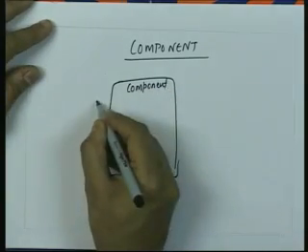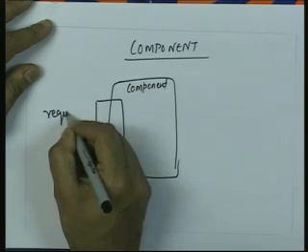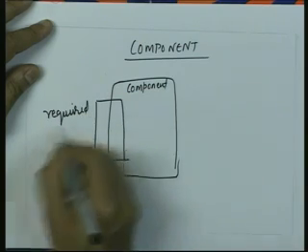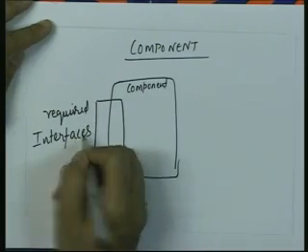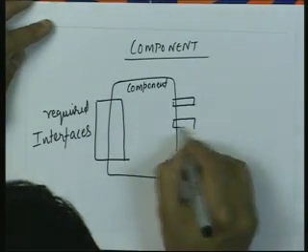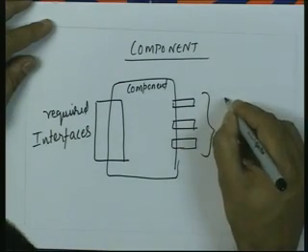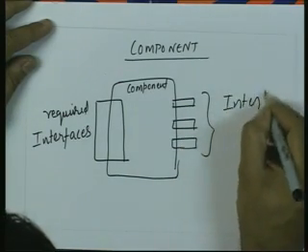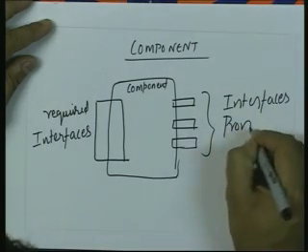It has two sets of interfaces. One is the set of required interfaces, as they call it, and one is the set of interfaces that it provides, or provided interfaces.